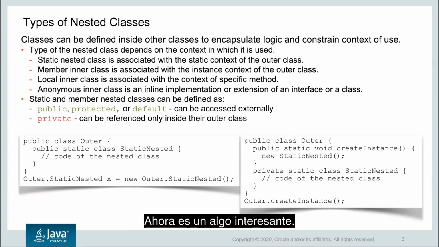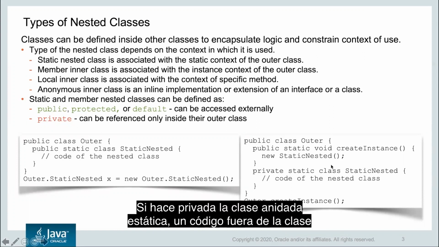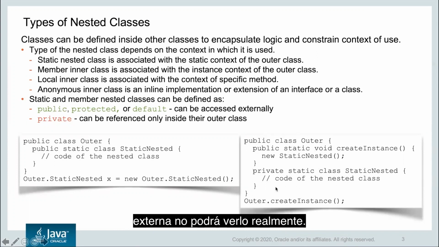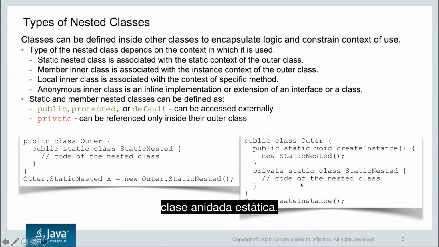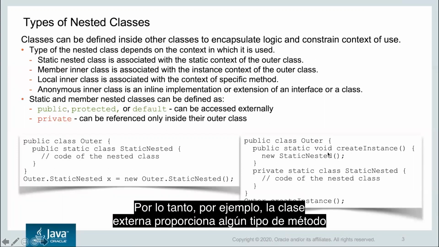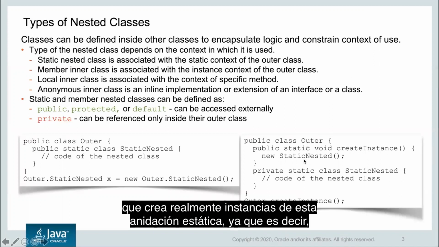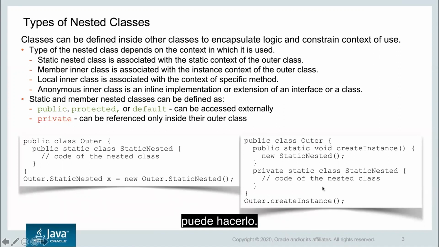Here's an interesting thing. If you make a static nested class private, then code outside of the outer class won't be able to see it. Only operations of the outer class will be able to access that static nested class. So, for example, the outer class provides a method which creates instances of the static nested class. Yes, you can do that.